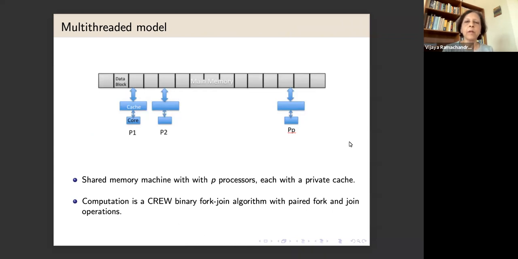The multi-threaded model that we use is a CREW binary fork join algorithm where the forks and joins are paired. This gives rise to a series parallel computation DAG. And we assume a shared memory machine with P processors. We will consider caching costs, so we assume each processor has its own private cache.